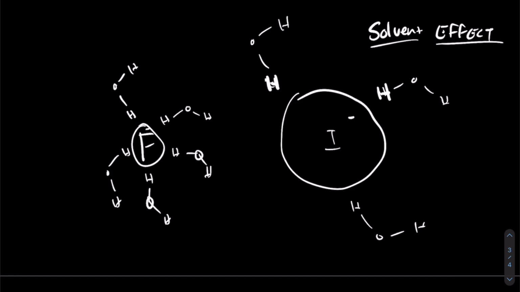Those don't really affect iodide. Fluoride, on the other hand, is really hydrated when it goes into water. Fluoride likes to pull the hydrogens off of water. It's like a cruel child that pulls the wings off of flies. Fluoride enjoys being in water to a sadistic extent. Iodide, largely indifferent to it.